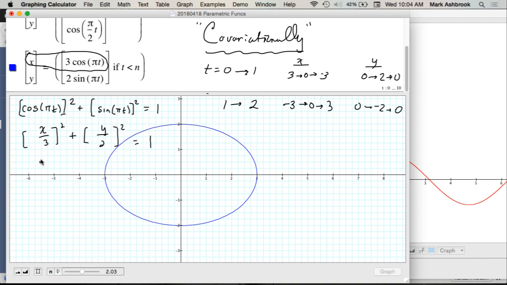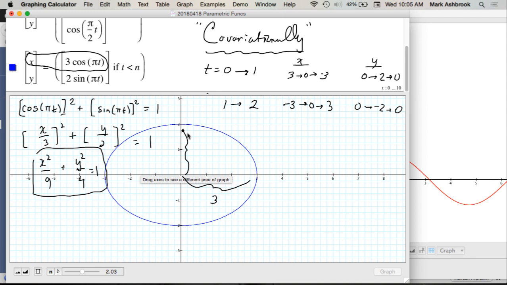So we get x squared over 9 plus y squared over 4 equals 1. What is that? That's the equation of an ellipse with horizontal directrix, or this length right here is 3, and this is 2.